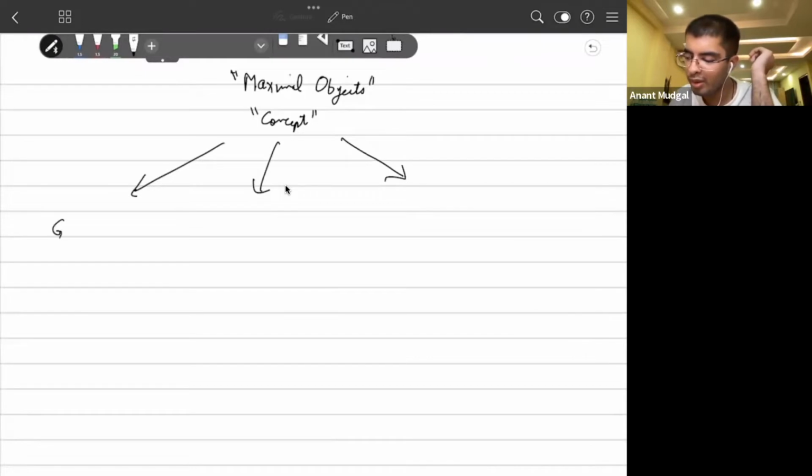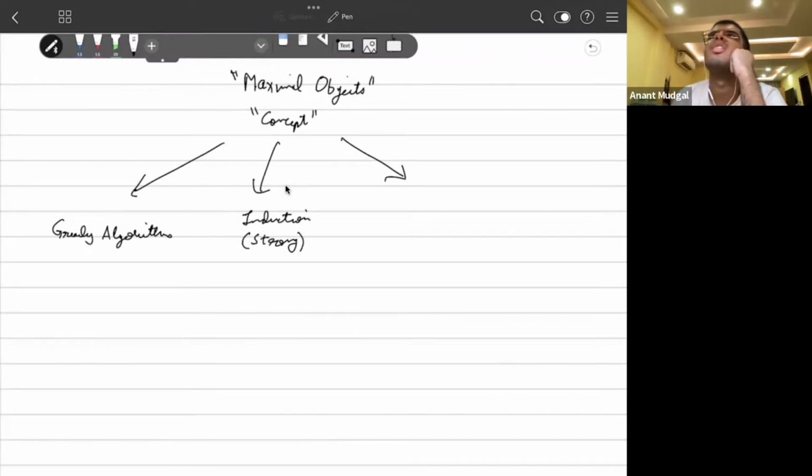Sometimes you end up thinking of this as really algorithms. Sometimes as maybe induction, more specifically, strong induction. Sometimes you end up thinking of this as maximal objects.